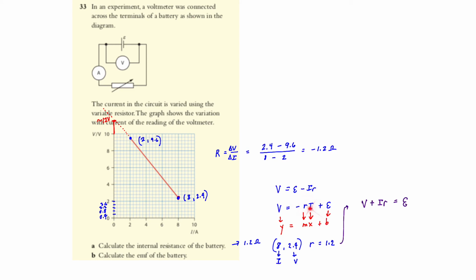So from here, we transfer this to the other side, and that will become V plus IR equals the EMF of the battery.